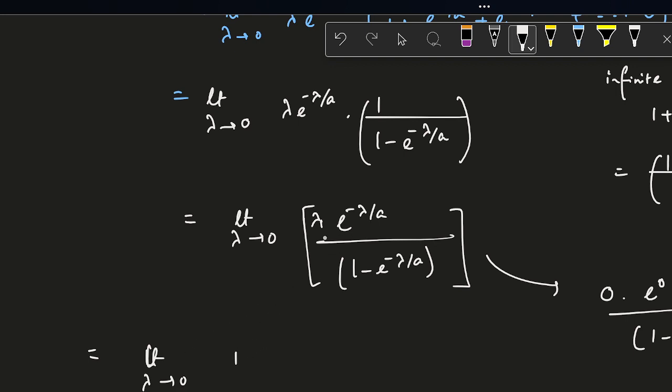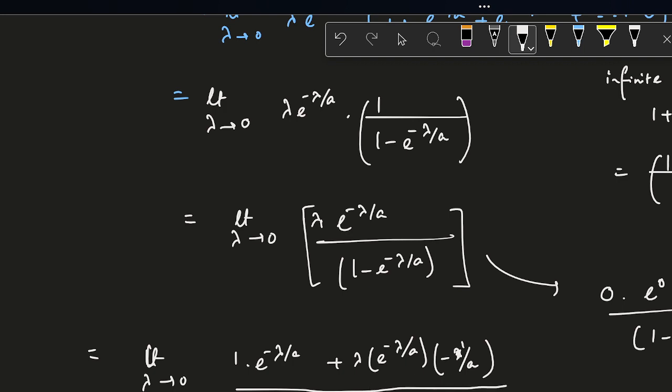So on the upper term, first take the derivative, simple derivative rule. So plus e to the power of minus lambda by a, then minus 1 by a, because this lambda will have a derivative and go to 1. And here on the denominator you get 0 minus e to the power of minus lambda by a, then minus 1 by a.